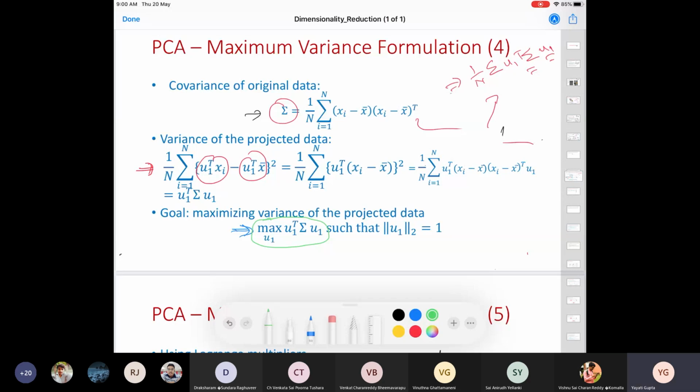If we try to maximize a quantity, we want to make this quantity as high as possible. Because you know that u1 has coefficients, what values of these coefficients would you want?